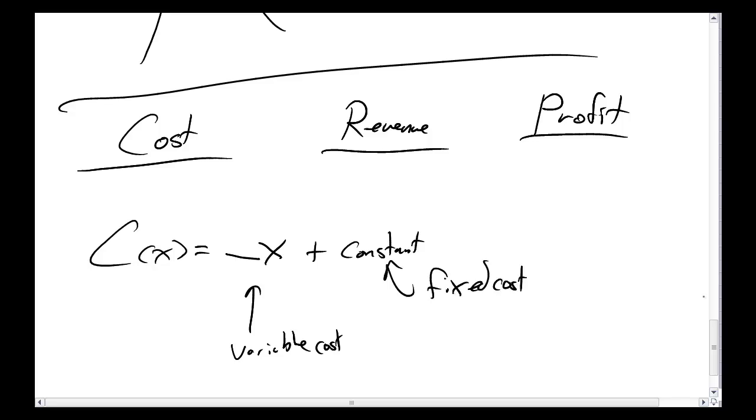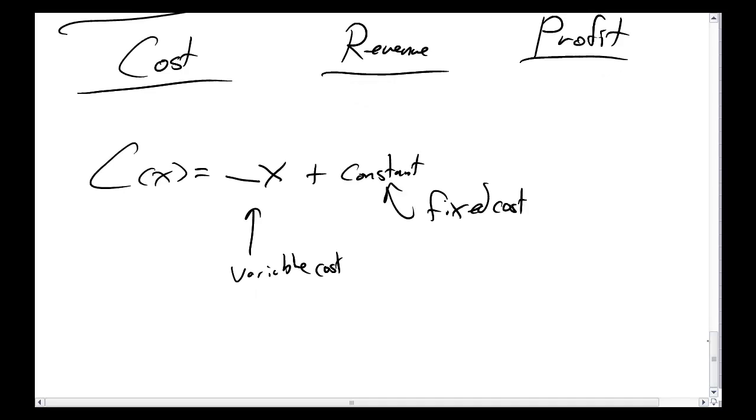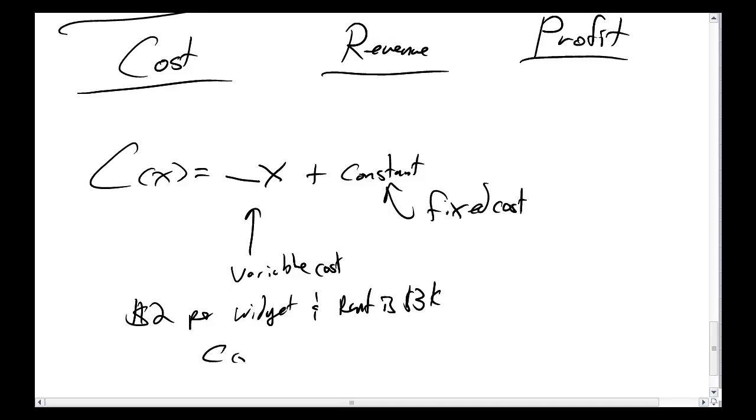I'm told by students in accounting or economics or other business classes that sometimes these words jiggle around a little bit and mean slightly different things. So if I say something costs $2 per, I don't know, widget, and rent is $3K per month, then my cost of manufacturing widgets is going to be 2x plus 3,000, because x will be my number of widgets that I'm building.